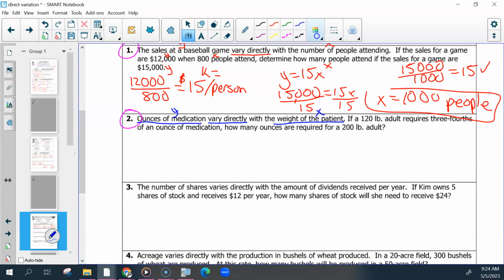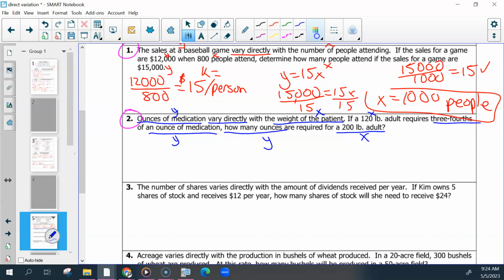So 120 pounds is x or y? X. 3/4 of an ounce of medication would be x or y? Y. And then how many ounces, what are we looking for, x or y? And then 200 is x or y?